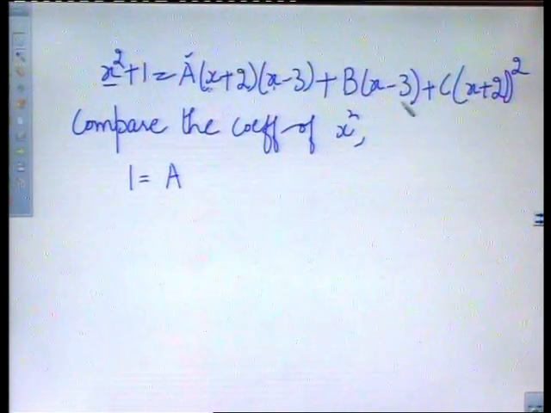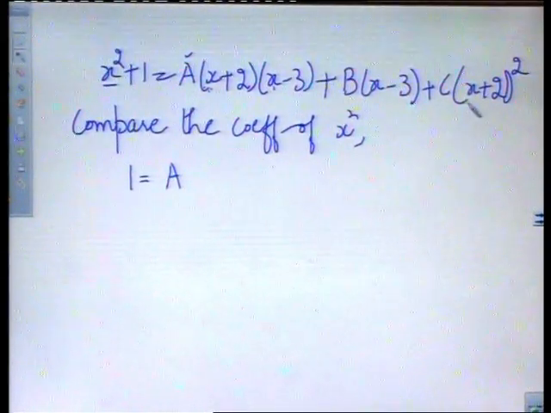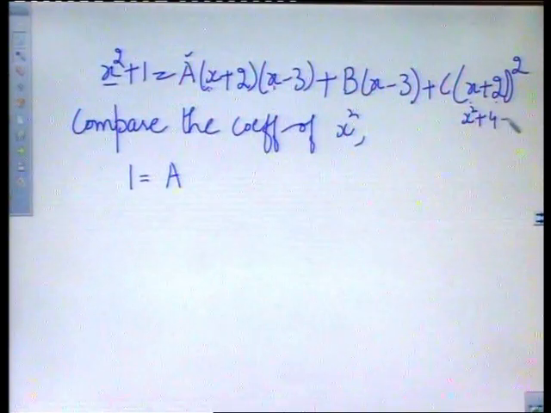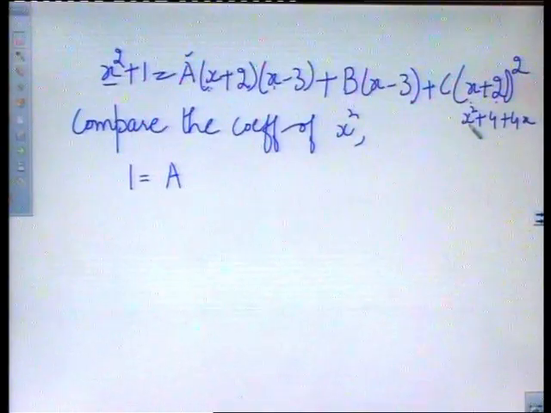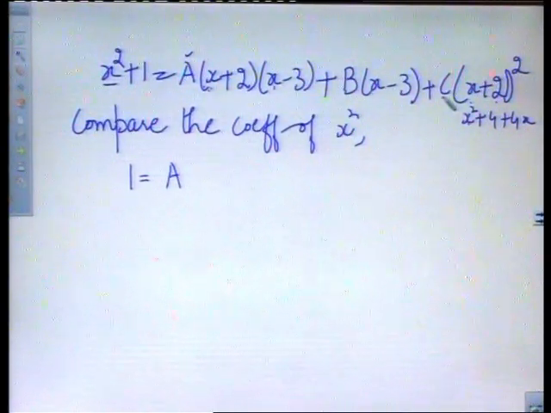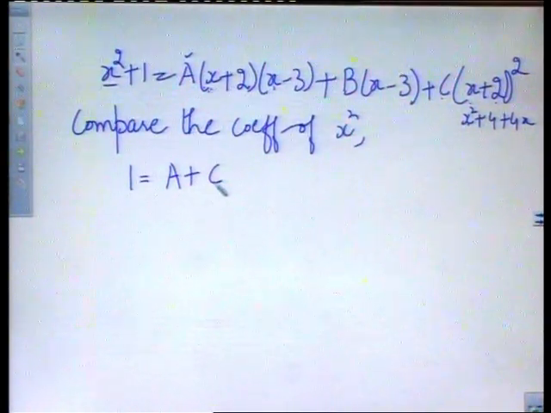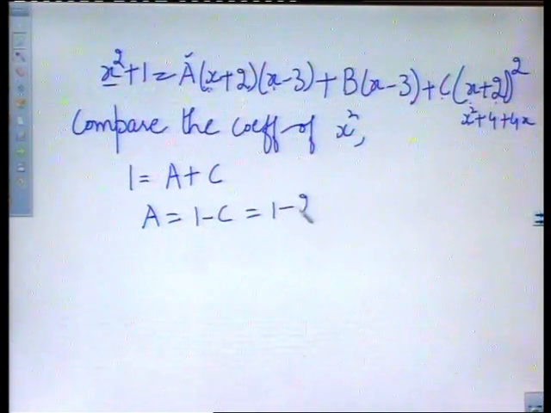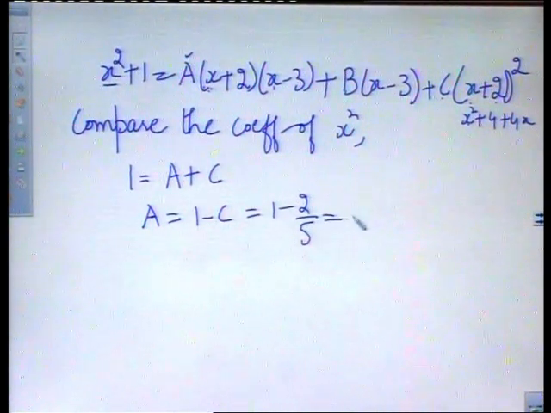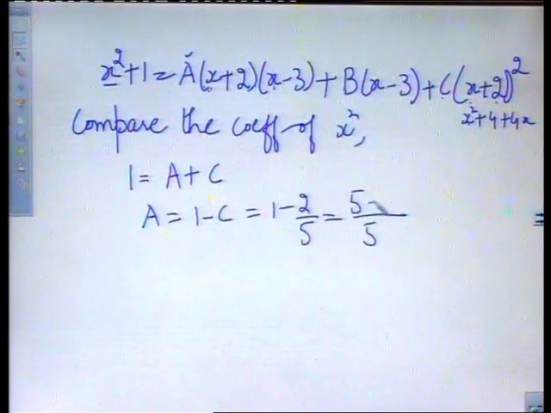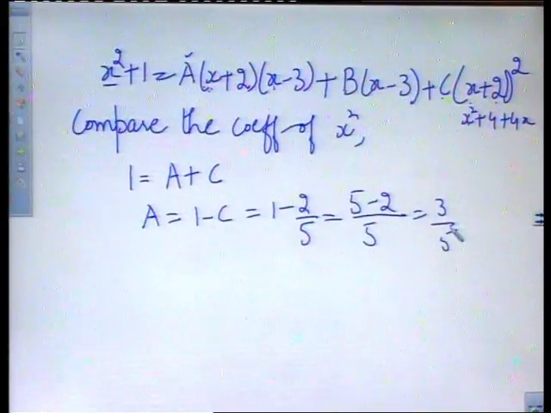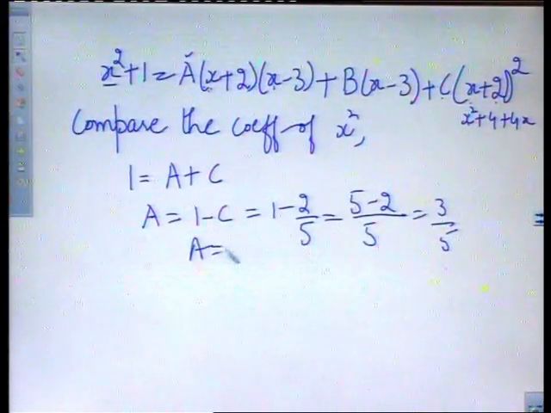Here there is no x square term, and here when we open this bracket x plus 2 whole square, we will get x square plus 4x, and the coefficient of x square is c. This is a plus c, or the value of a will be 1 minus c. The value of c we know is 2 by 5. We take the LCM, 5 minus 2, that is 3 by 5. It means the value of a is 3 by 5.